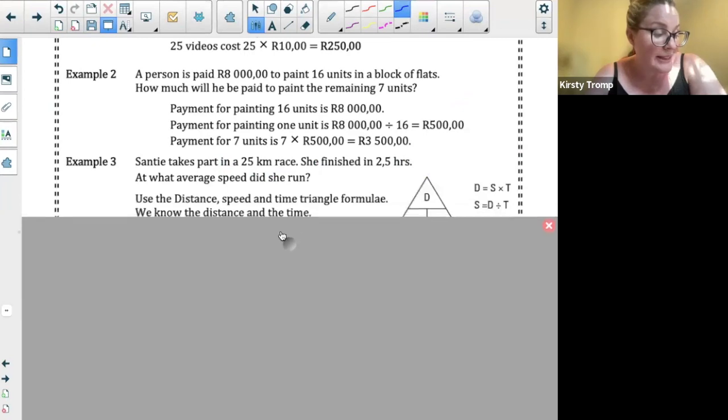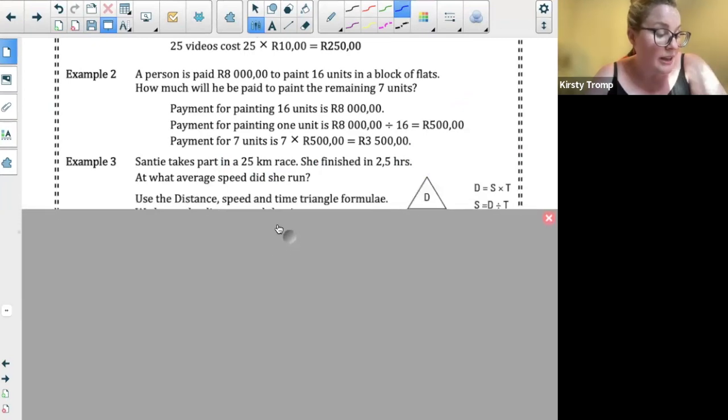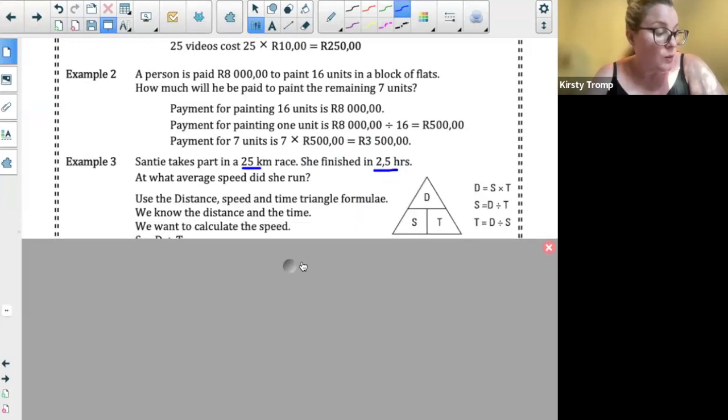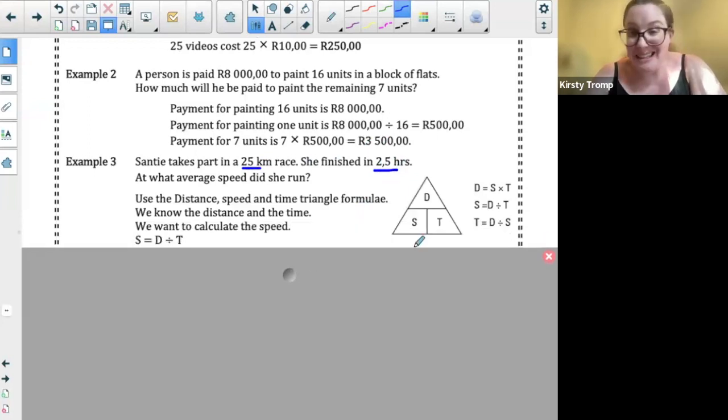Well, when we're looking at speed, we always look at the speed, distance, time triangle. We know what the distance is over here, and we know what the time was over here. Okay? We want to calculate what the speed is. So when we're calculating speed, distance, and time, we use this beautiful triangle over here.